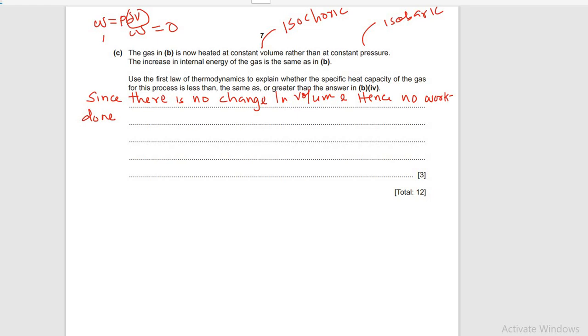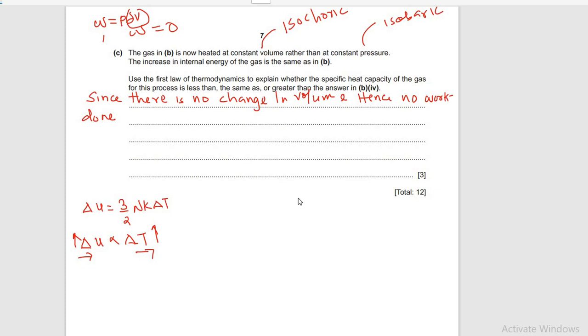Since the increase in internal energy remains the same, if you remember, change in internal energy can be 3/2 k change in temperature, translational kinetic energy. So internal energy is a function of change in temperature. If there's an increase in internal energy, there will be an increase in temperature. If it's the same, the temperature is the same.